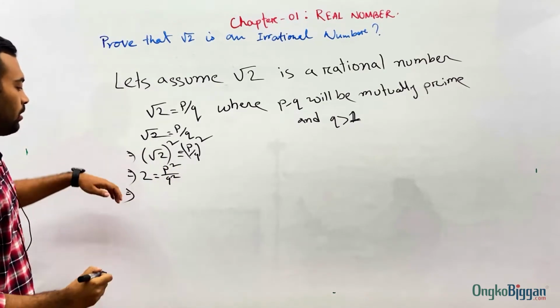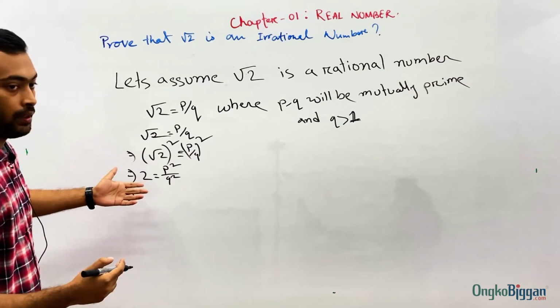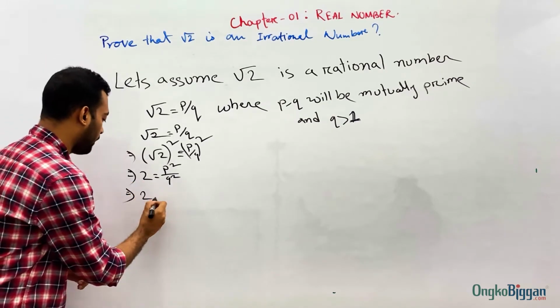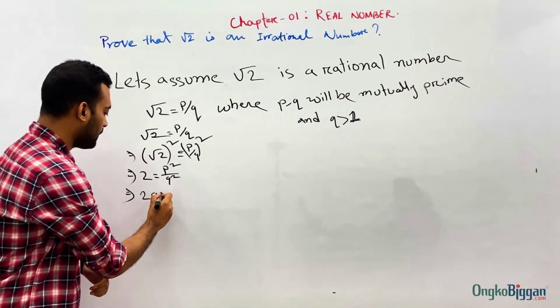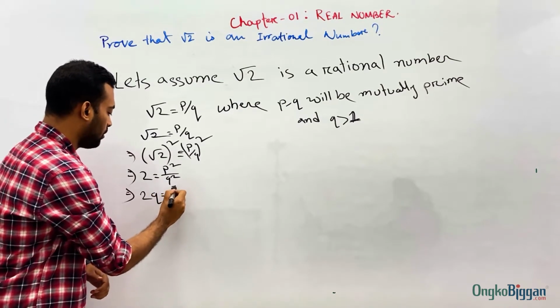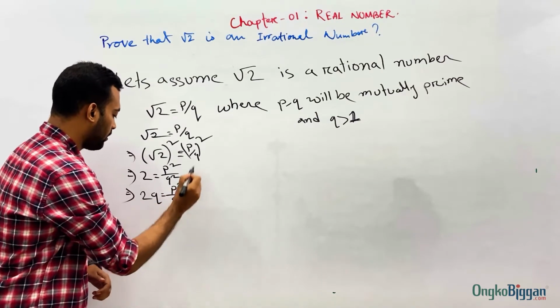Okay, so let's multiply q on both sides. So what do we get if we multiply q on both sides? 2q is equal to p squared by q.